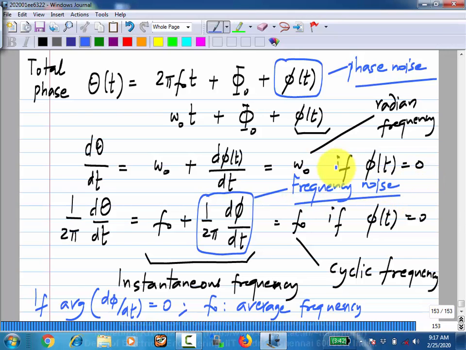Sometimes it's called residual FM and things like that. They're not independent. They're all related to each other. Sometimes you specify phase noise, sometimes you specify frequency noise. Is this okay?